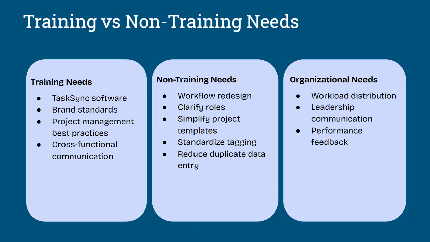Workload distribution should be reviewed to ensure responsibilities are balanced. Communication from leadership should be more consistent and transparent, and employees need regular performance feedback to reinforce expectations and support continuous improvement. Overall, Gilbert's model demonstrates that EduCore's performance challenges require a combination of training, process improvement, and organizational changes.